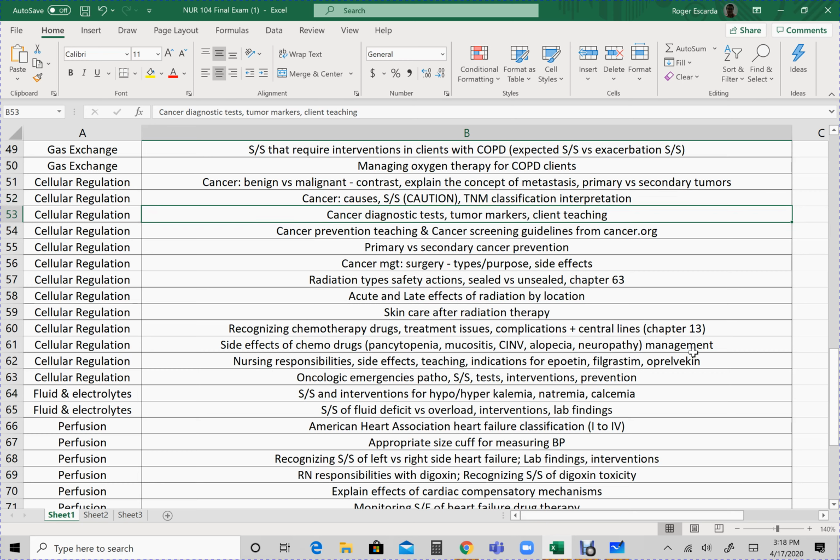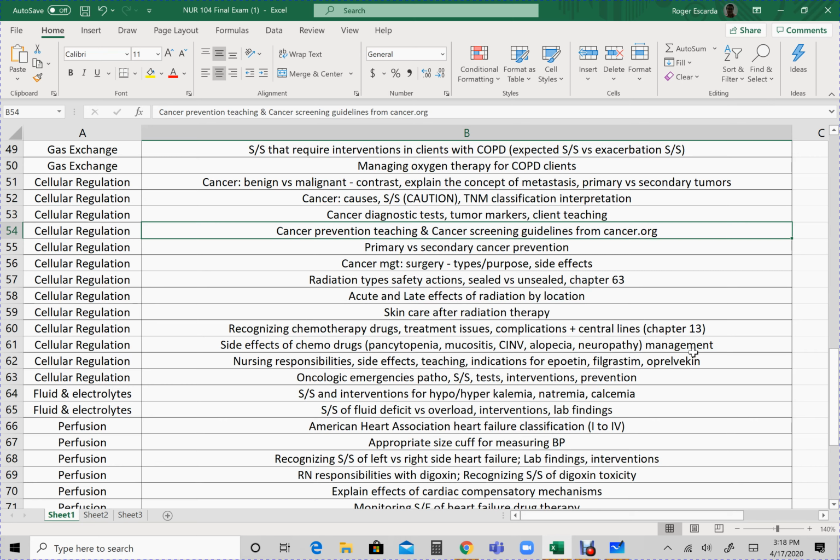Okay, diagnostic test for cancer, tumor markers, and client teaching. So we're talking about biopsies, the oncogenes, cancer prevention, including cancer screening guidelines from cancer.org.